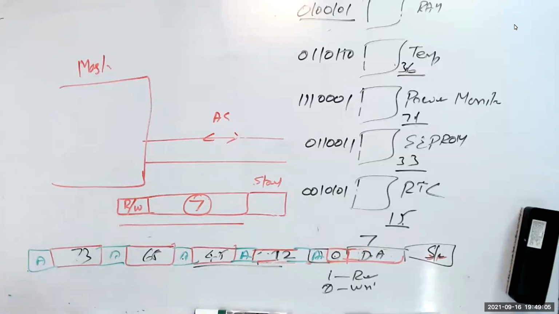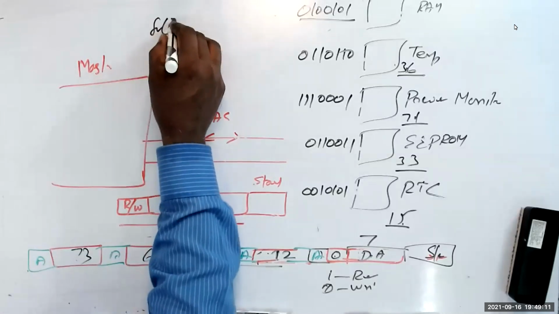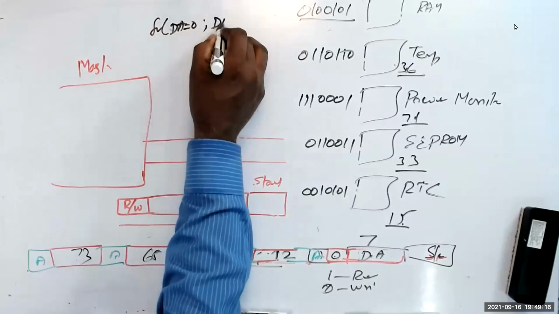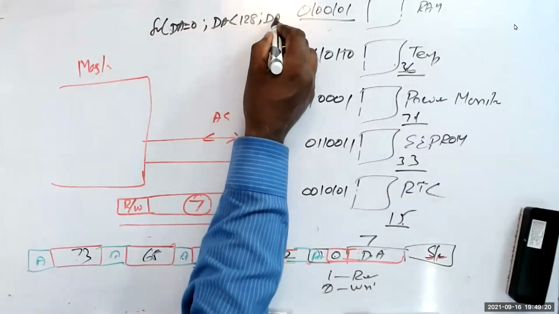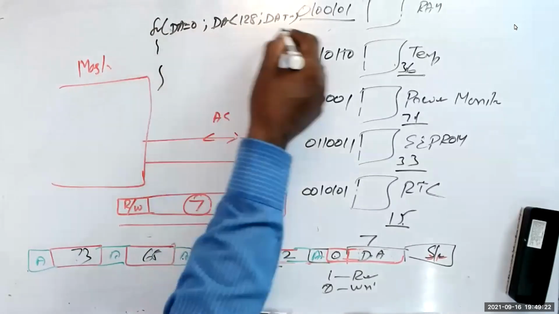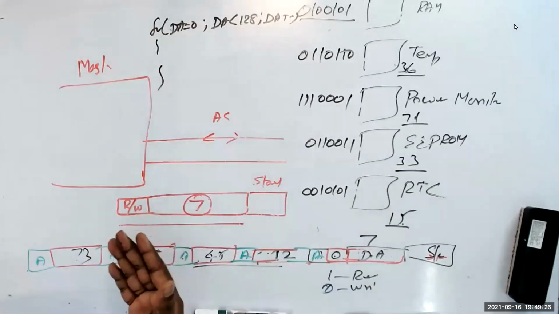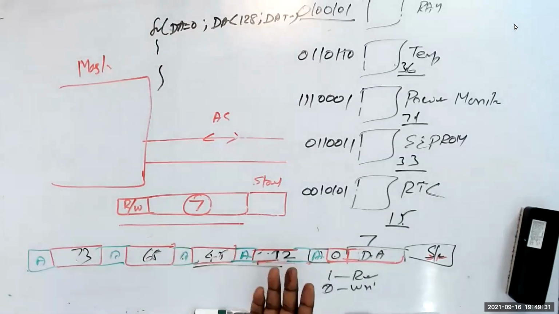For example, initially that guy will do auto detect. For device address equal to 0, while device address is less than 128, device address plus plus. I will check all the devices from 0 to 127. If somebody is sending acknowledgement, that guy is there. If somebody is not sending acknowledgement, that device is not there.